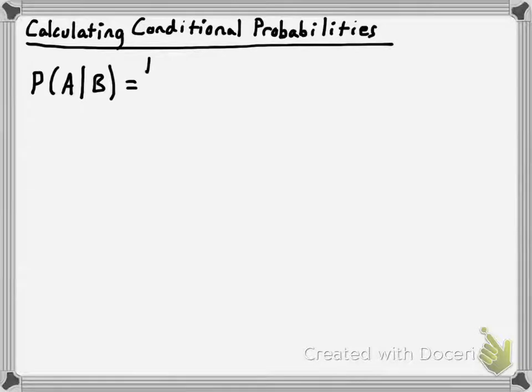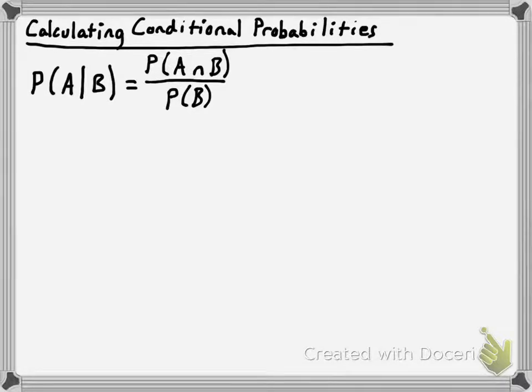You'll find the probability that the desired event, I'll call it A, occurs, and that the given event B occurs. Find the probability that they both occur. And what you're going to do is divide that by the probability that the given event occurs. Okay, so divide by the probability of B.